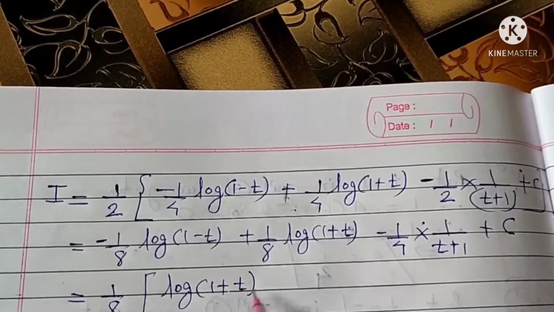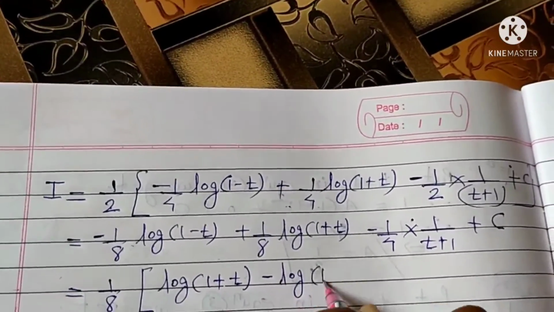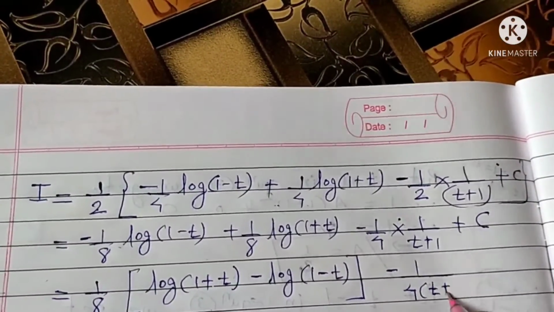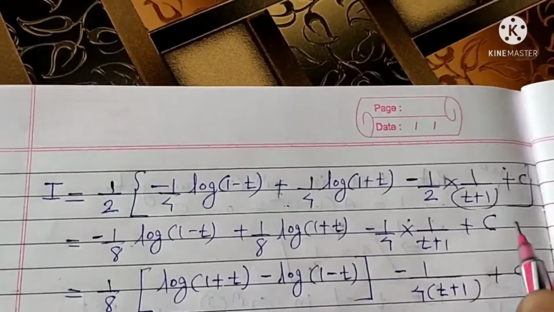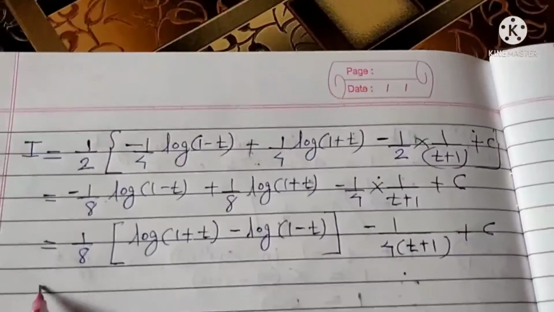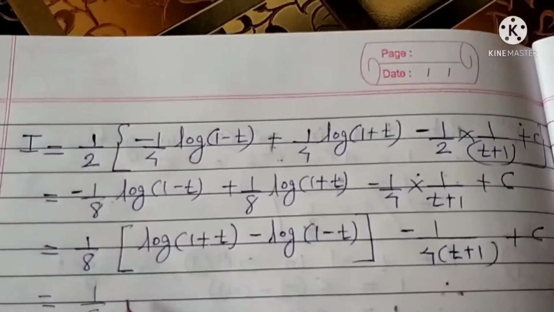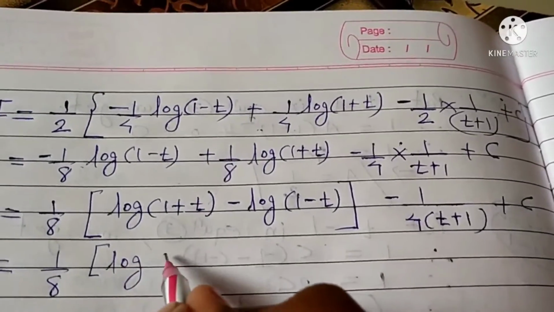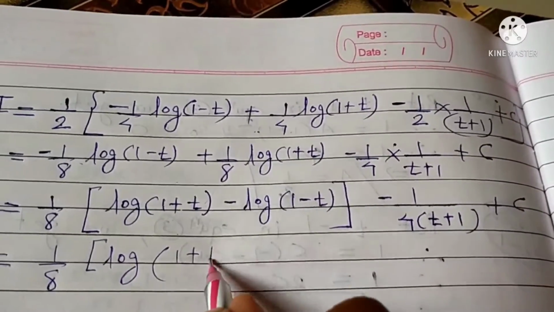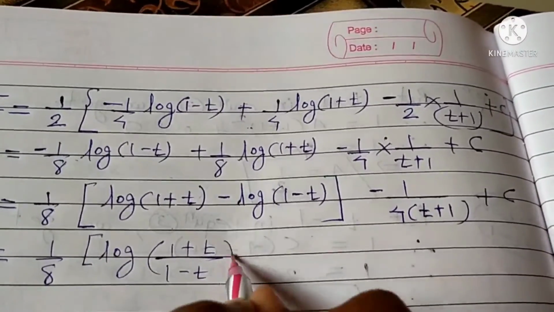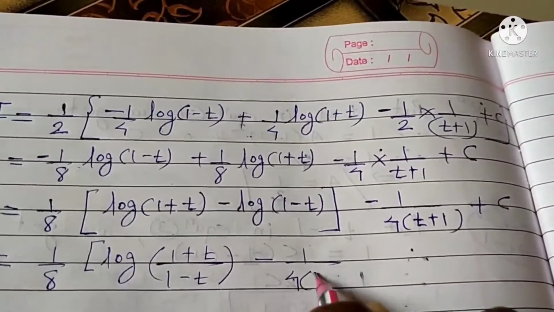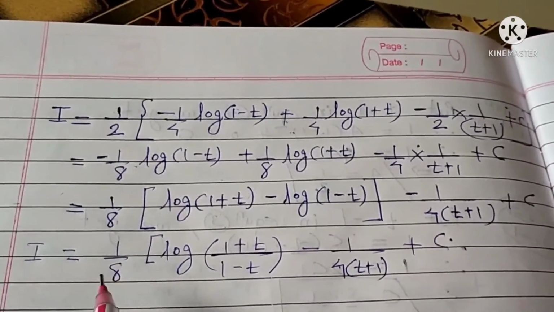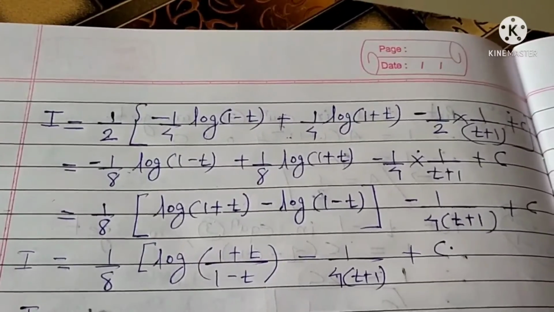First we write the positive term, then the negative. So it is equal to 1/8 log, since log a minus log b is log a upon b, (1+t)/(1−t) − 1/(4(t+1)) + c.